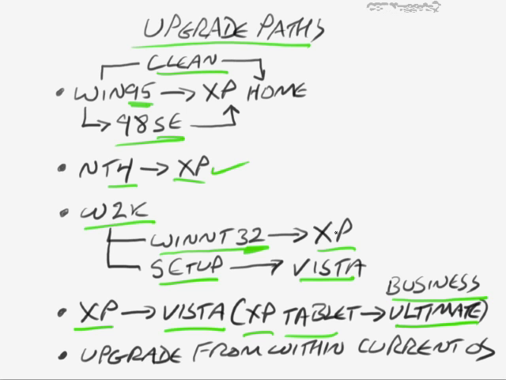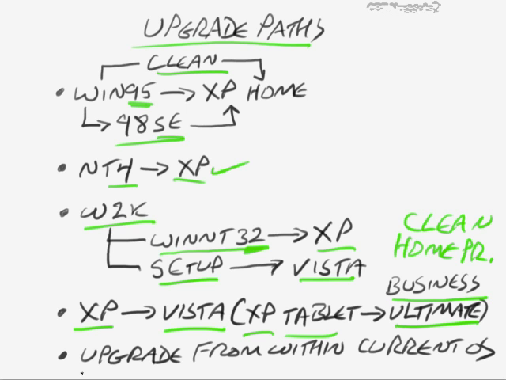It also does support tablet PCs, but Home Premium Edition requires a clean install. I cannot do an upgrade. I'd have to do a clean install if I wanted to use that tablet and Windows Vista. But again, Business and Ultimate will support an upgrade.